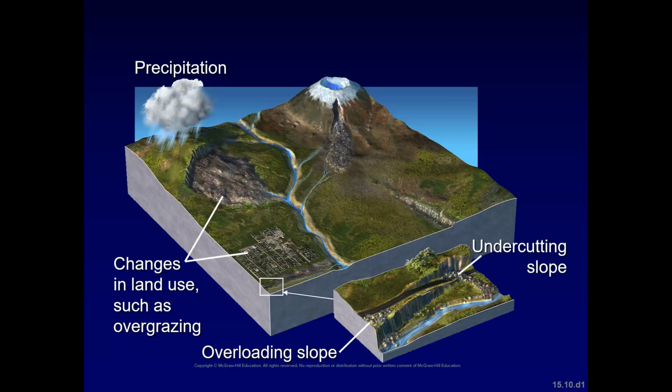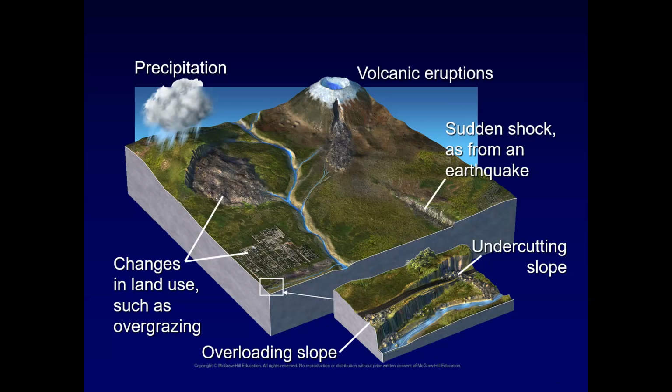The slope can also be undercut by rivers, waves, or highways, which could cause it to fail. And then sudden shock, like from an earthquake, could result in slope failure as well. And certainly volcanic eruptions could play a big part in slope stability. And you can see that has a nice little landslide here. I'd say this is partially due to the presence of precipitation water assisting the landslide there.